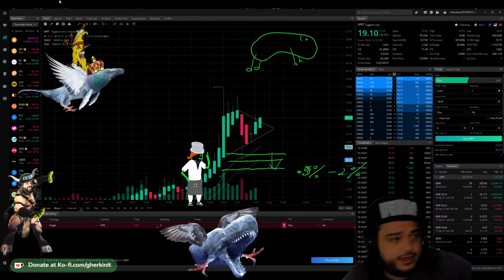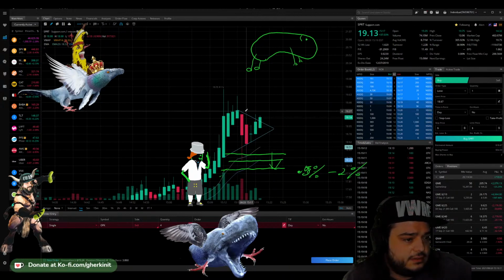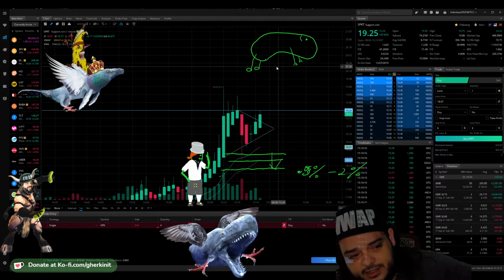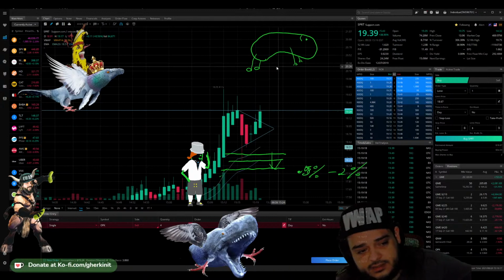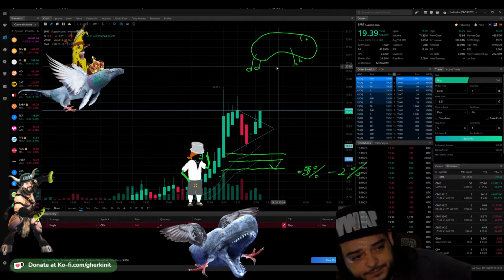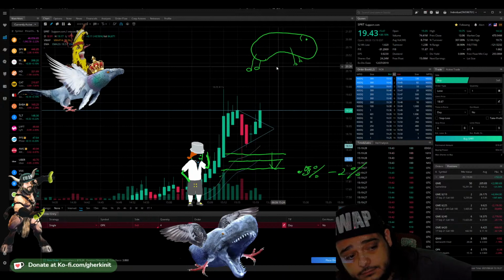And then once you break above this upper resistance, you can start considering canceling the stop loss or the stop limit. That's good, right? Because you don't want your order to fill if it breaks to the upside.